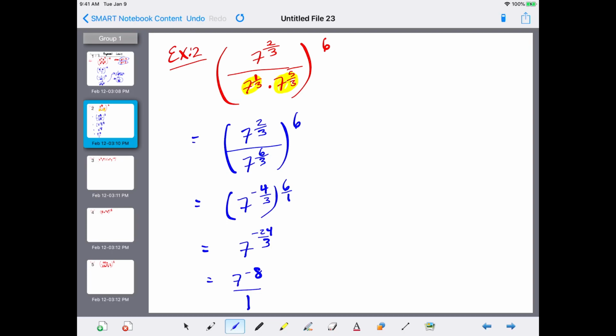In this example, sometimes they ask for an answer, and a lot of times they just want you to simplify by writing as a single power. But again, we want to eliminate that negative exponent. So in order to get rid of the negative exponent, we can take the reciprocal, and that will change the exponent to make it positive.